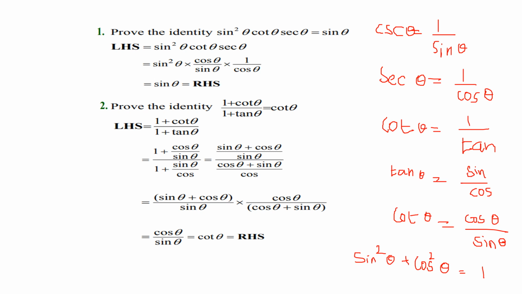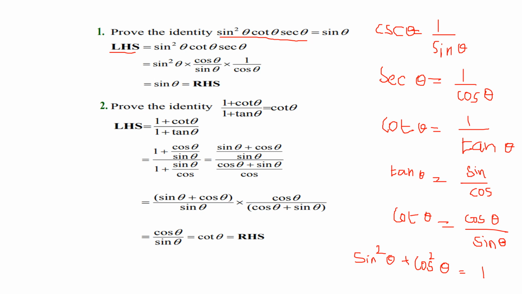Okay, right. Now we start with the first one to prove the identity. Sine squared theta times cot theta times secant theta is sine theta. And always you have to consider the left side of the identity. So we take the left hand side. LHS means left hand side. What we have on the left hand side is sine squared theta, cot theta, secant theta.